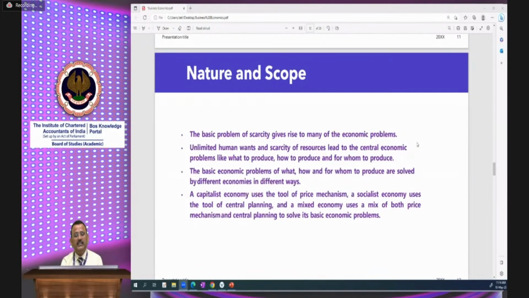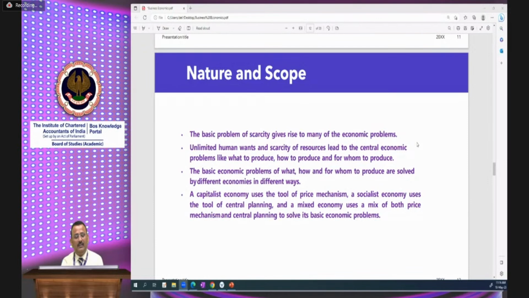Now, the basic problem is scarcity. It gives rise to many of the problems, because there are compelling wants and we have to satisfy them with limited resources. Then there are three important problems: what, how, and whom to produce.